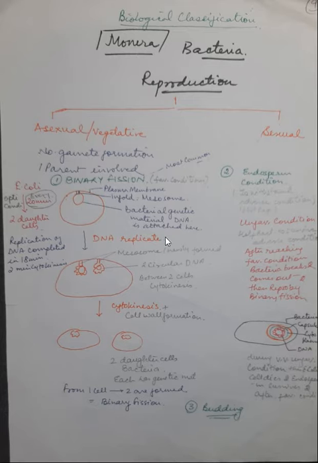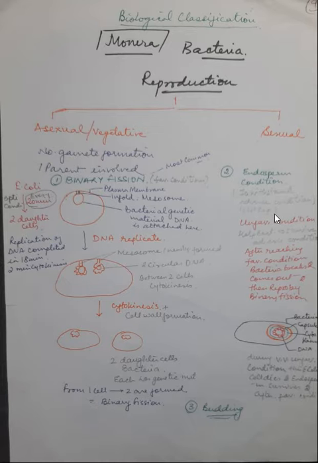Now the next step is endospore formation. This basically is not a method of reproduction, and I'll tell you why. This condition is to withstand adverse conditions, so it is not a method of reproduction at all.